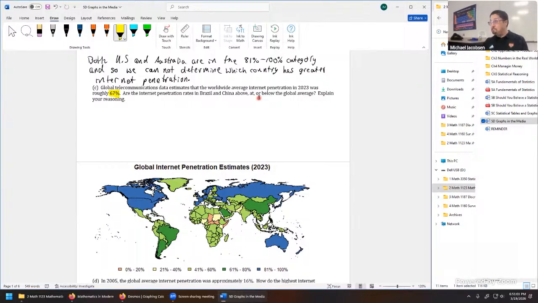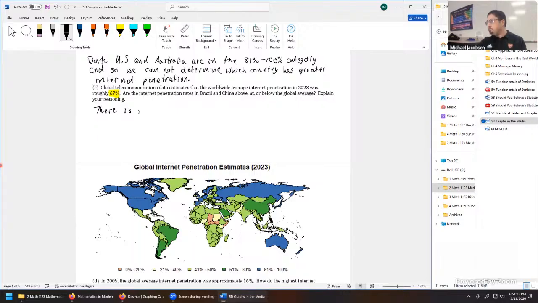And like you said, it's neither. If the average is 67%, but both countries are in this category, it's conceivable that they could be one or the other or both right at 67%, or they could be above or below. There's just not enough information to answer. So let's say it that way.